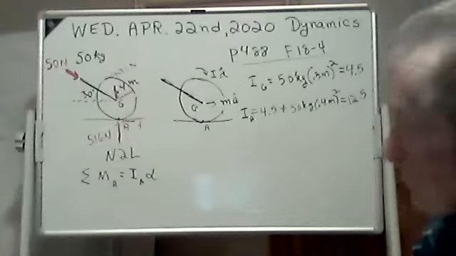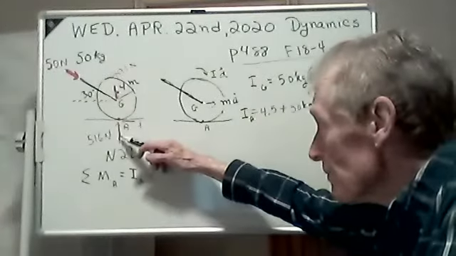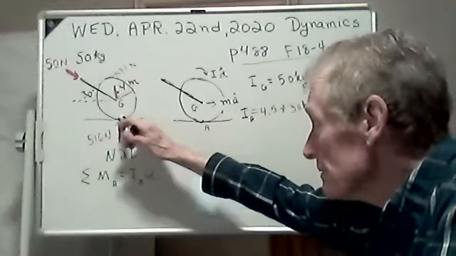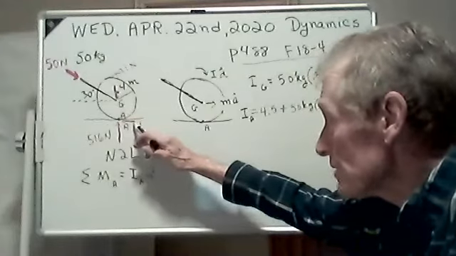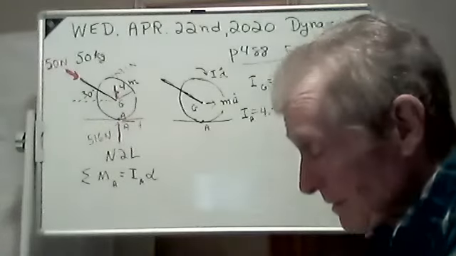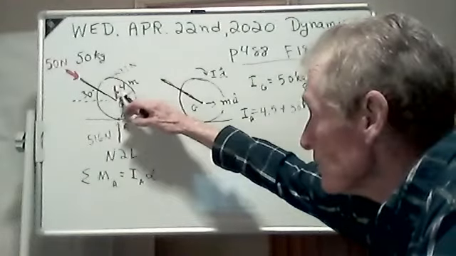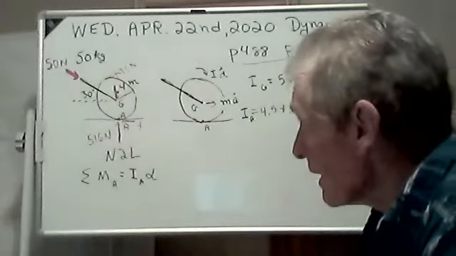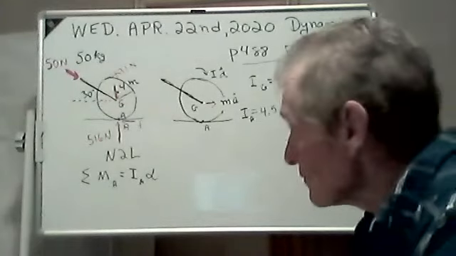And it is rolling. They said so. See, the beauty is this force goes through A, doesn't give you a moment. The friction goes through A, doesn't give you a moment. This 491 goes through A, doesn't give you a moment. Ah, but the 50 does.